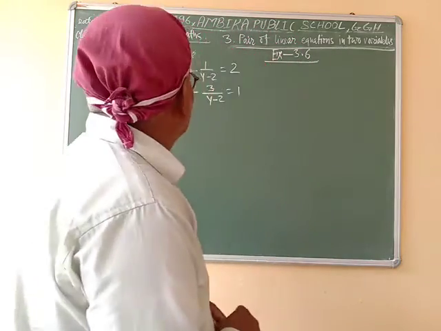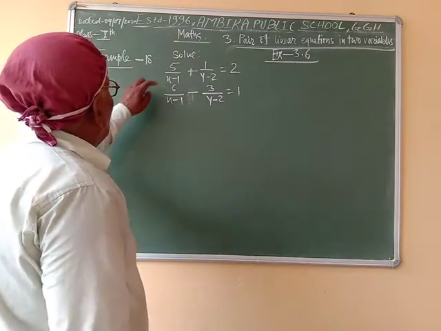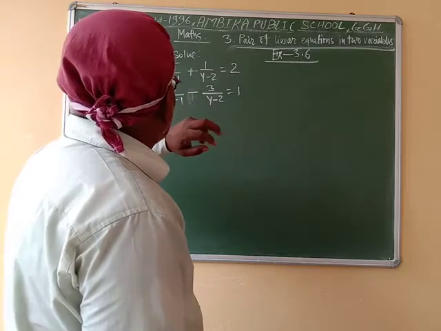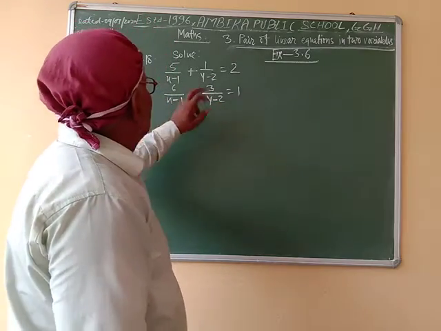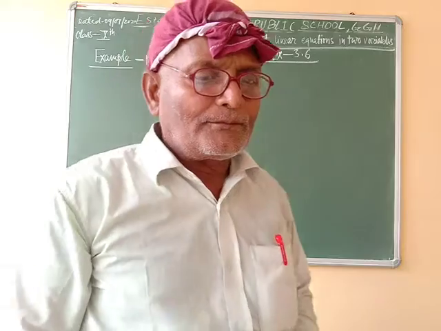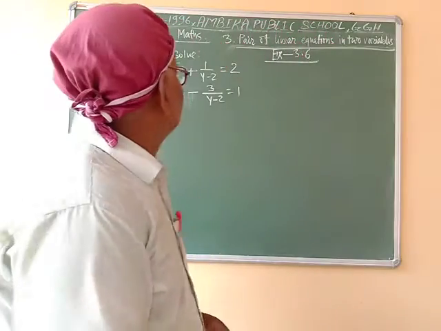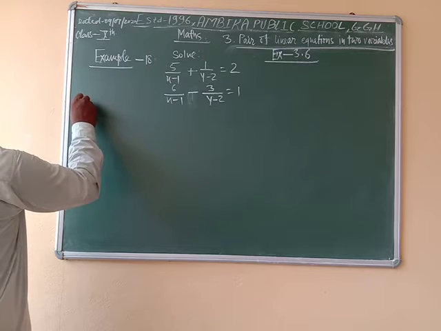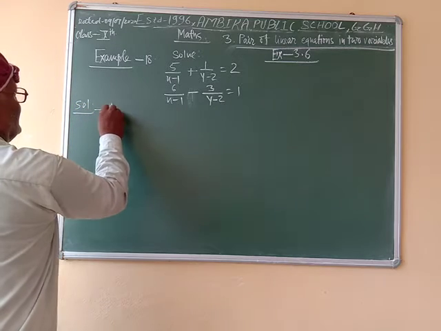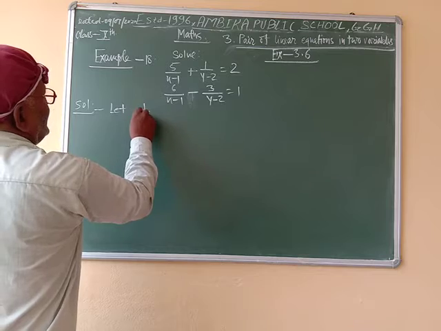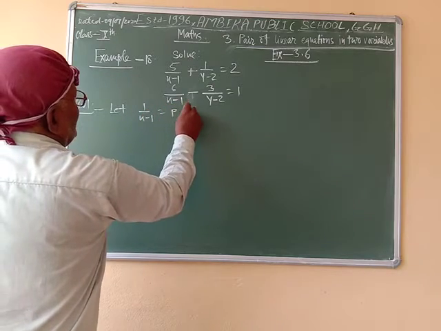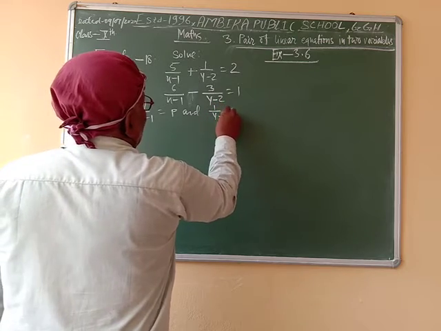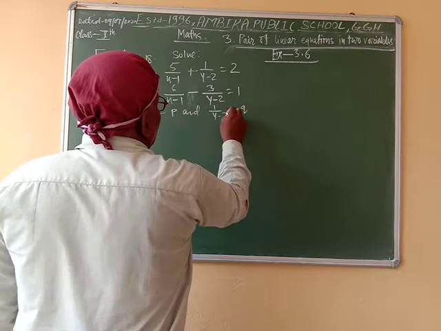Let us consider 1 by x minus 1 is equal to p and 1 by y minus 2 is equal to q.